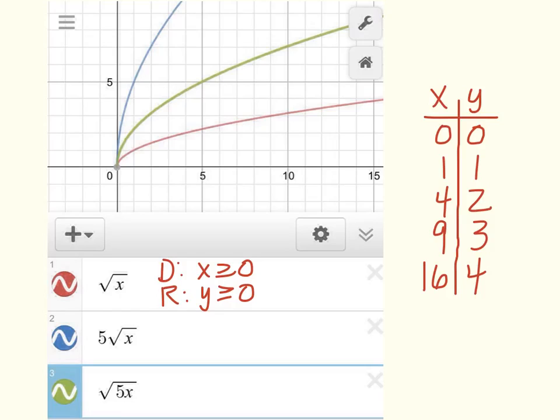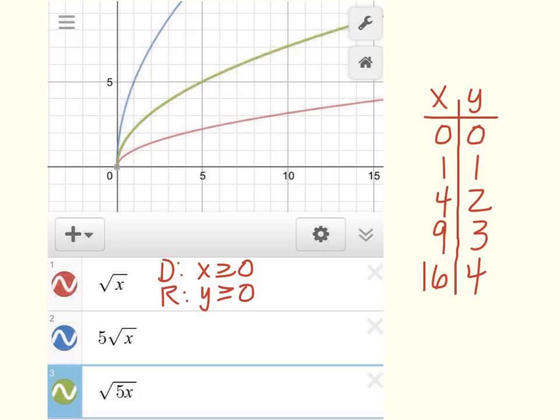It's always over 1, up 1 for the parent function, and over 4, up 2 for the parent function. Now, if you have a number out in front, as this blue function does, you can see it increases at a very high rate. A number inside increases at a high rate, but not quite as high as being outside.